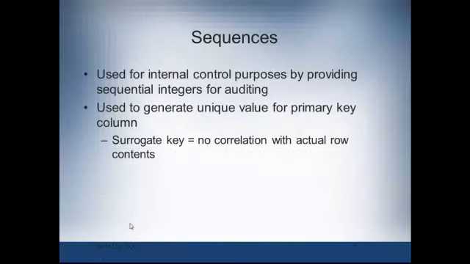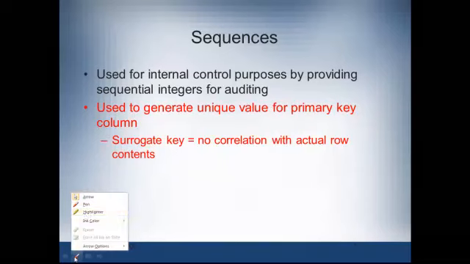Okay, sequences. The book does mention they're used for internal control purposes, things like generating check numbers or purchase order numbers, receipt numbers, things like that. But the primary use of a sequence, and I'm not so sure I can say primary, but a very common use of a sequence is to generate a unique value for a column, typically for a primary key column.